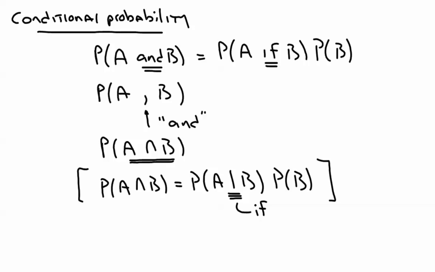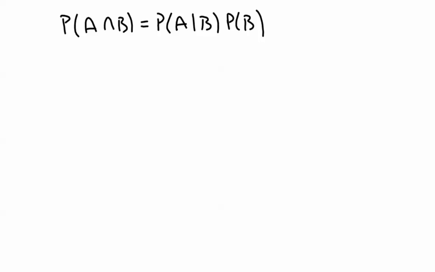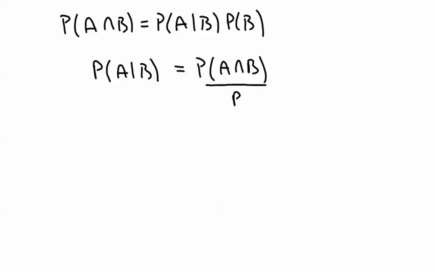Let's rearrange that just a little bit. Let's just remind ourselves: probability of A and B equals the probability of A if B times the probability of B. Let's rearrange this just a bit, and we'll find that the probability of A if B equals the probability of A intersect B divided by the probability of B. This relationship here is a conditional probability.